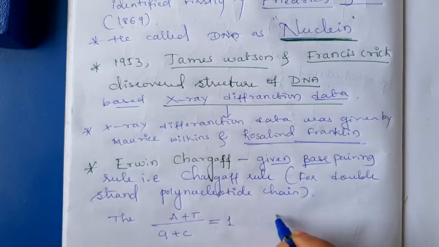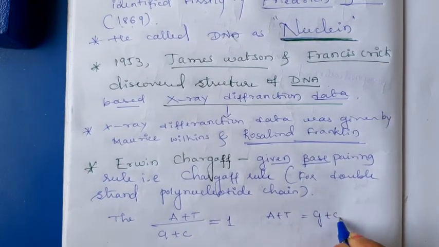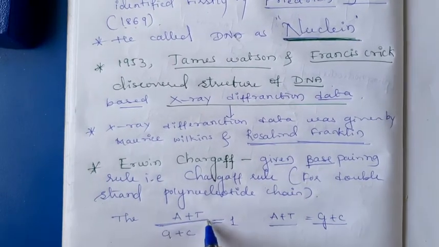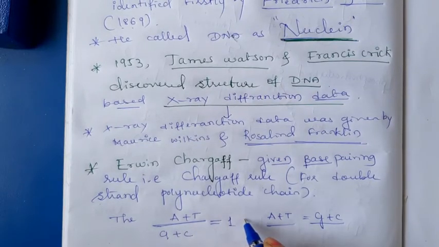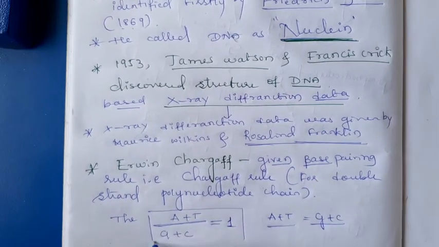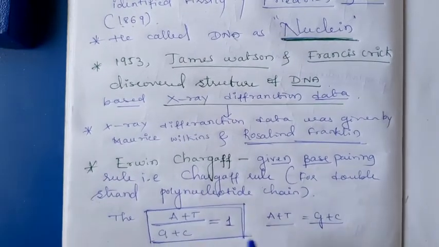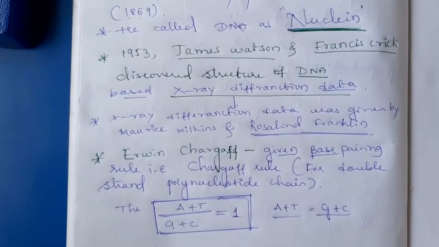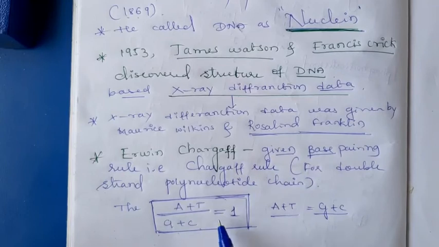Here we can write A plus T is equal to G plus C. The ratio of adenine to thymine and guanine to cytosine is constant, equal to 1. This is Chargaff's rule.